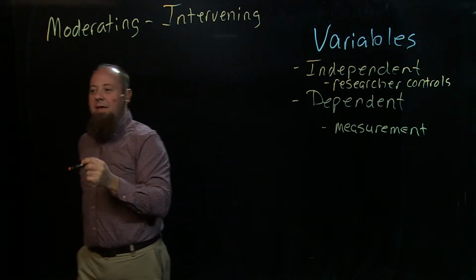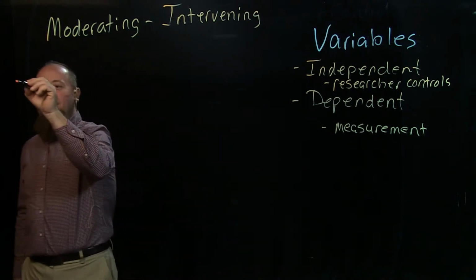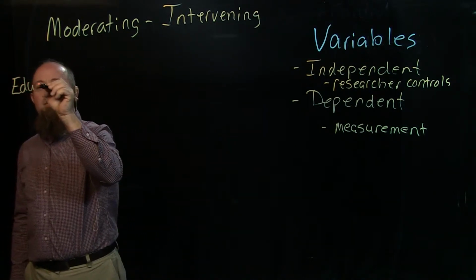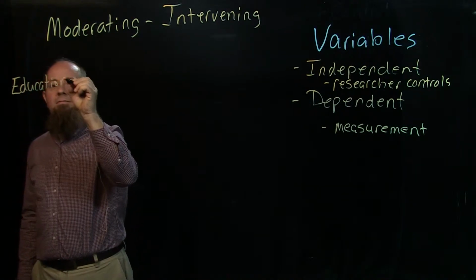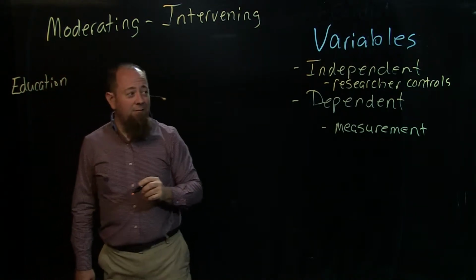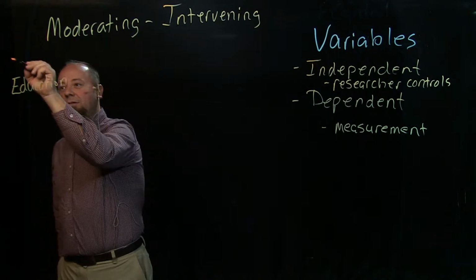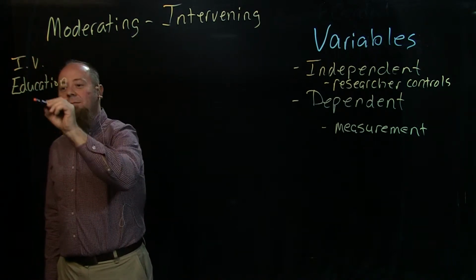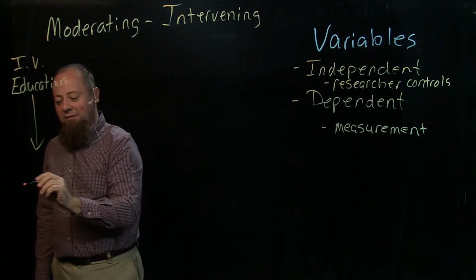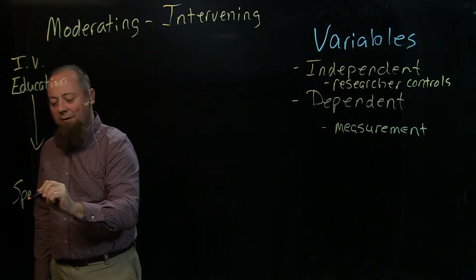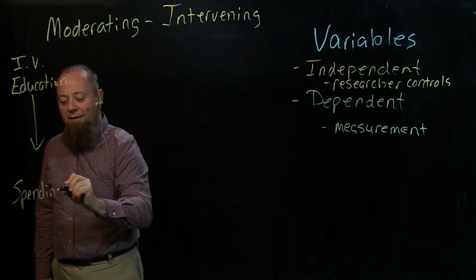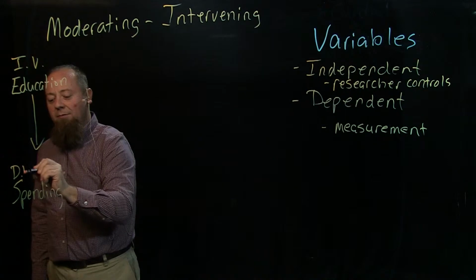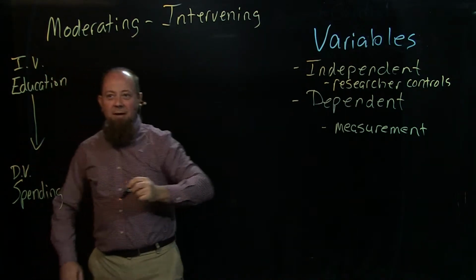I saw an example recently that looked at levels of education as the independent variable. And so let me just go ahead and label that as the independent variable. Looking at its relationship with spending habits, let's say, as the dependent variable. Okay, so this makes sense.